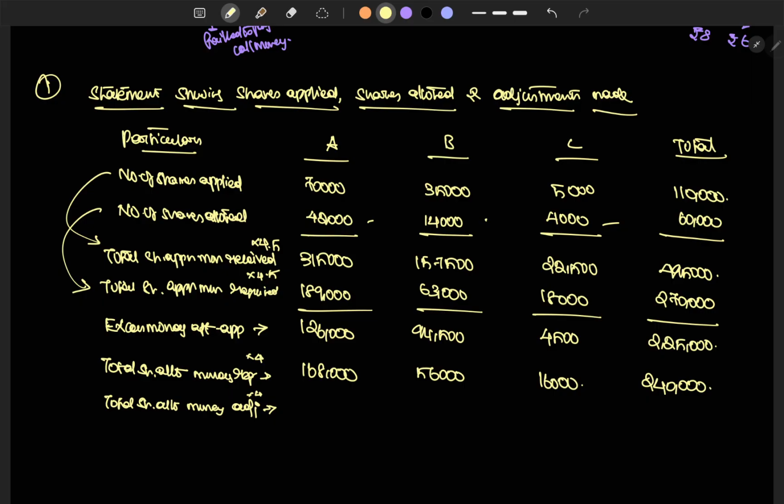Okay, how much money has been adjusted? Excess money which is available is 1,26,000.